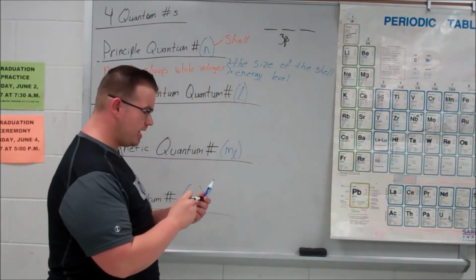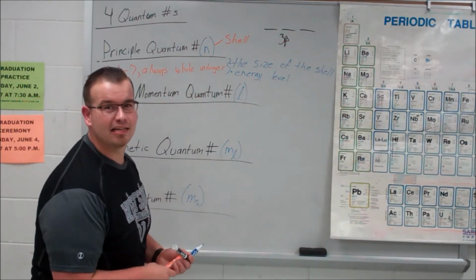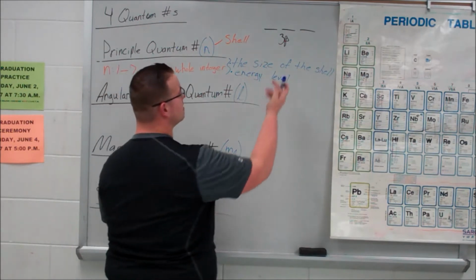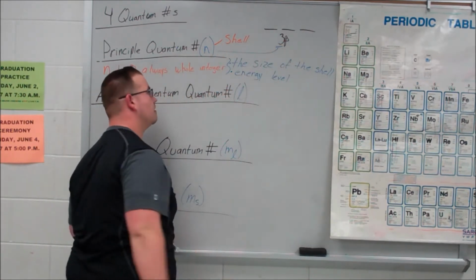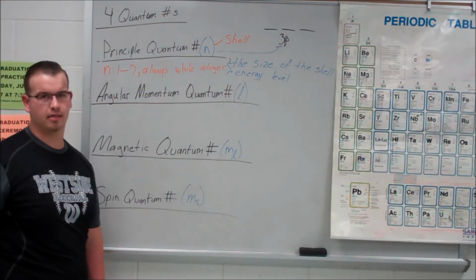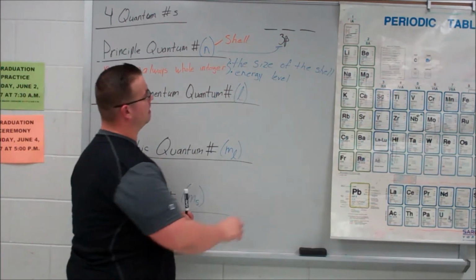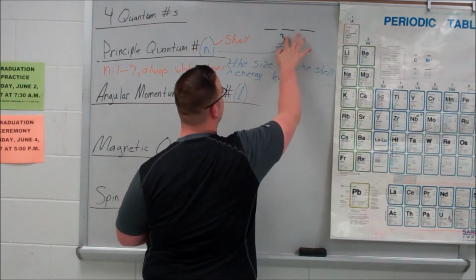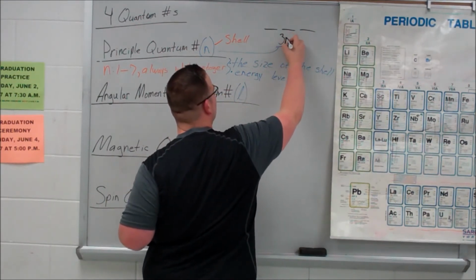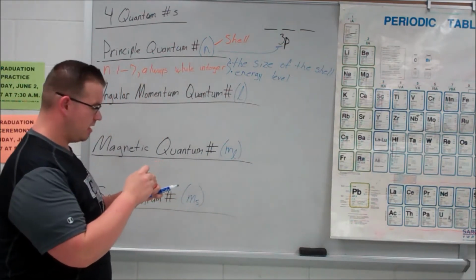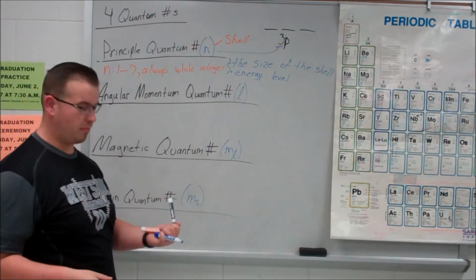Okay, that number 3, guess what? That's n. Right there. How about that? The number 3 is n. Okay, that's a horrible p. I'm going to fix that. Alright. So that's what the principal quantum number will tell you.